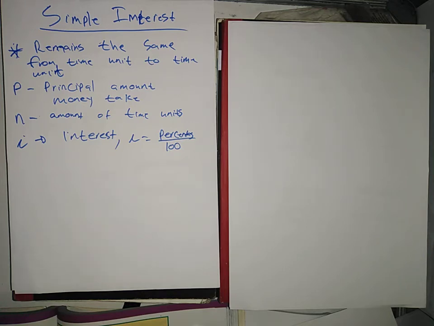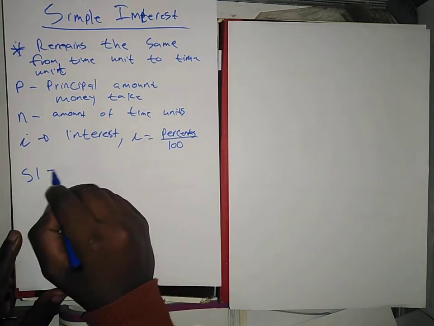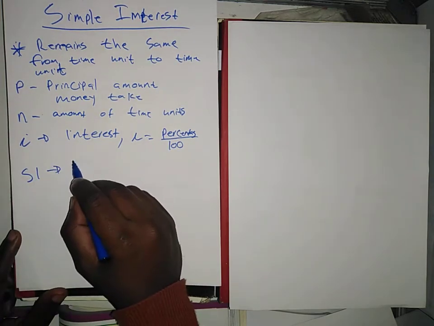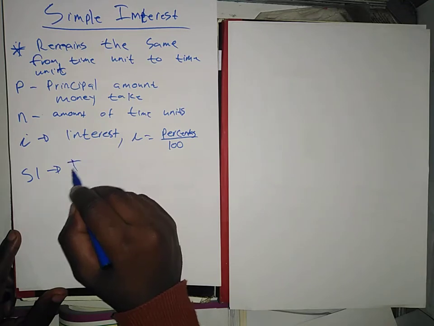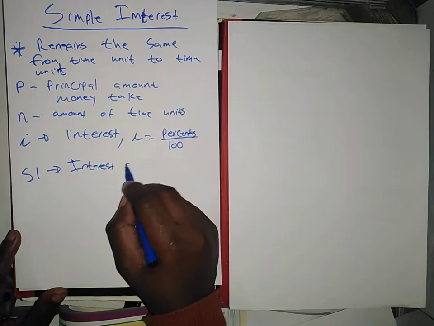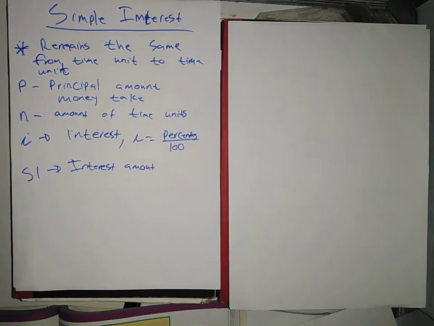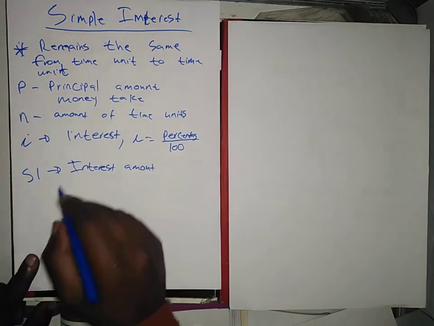All right, now let's continue. You've got something else also. You've got SI, which is the simple interest. When you're talking about SI, you are talking about the interest amount. There is a formula that you can use to find SI.